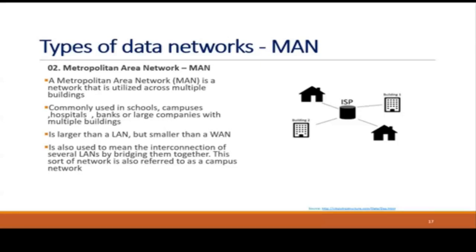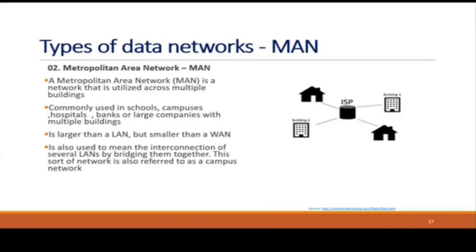So if you think about RCT Central, RCT Surgical, RCT Medical, all these things in the Colombo area, all these things together, it's a MAN. It's a Metropolitan Area Network. A Metropolitan Area Network is a network that extends across multiple buildings, and the distance, compared to the LAN, is huge, right?